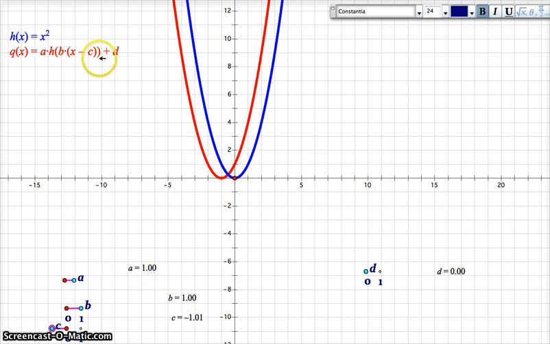So adding or subtracting outside the function shifts the graph up or down, and the graph seems to behave the way we would expect. When you add a number, the graph rises. When you subtract a number, the graph falls. When you add a number inside the function, it's again a shift, but it seems to behave somewhat backwards. When you subtract 2, your graph moves 2 to the right.